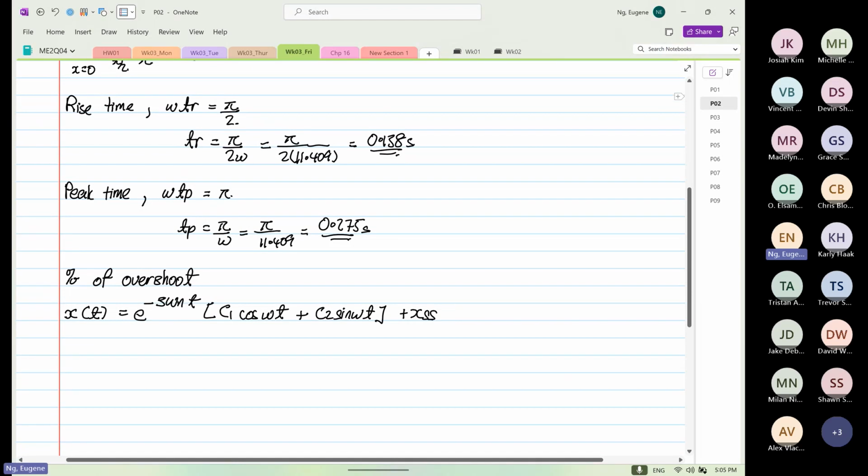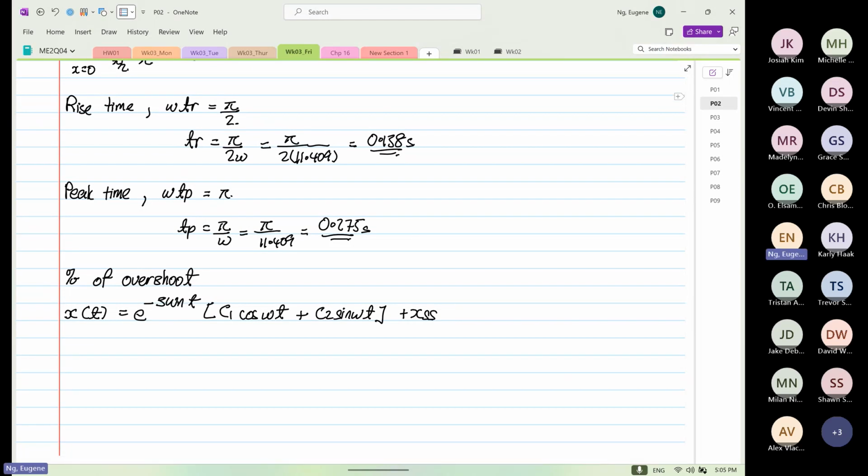So from here, don't worry about C2, okay? Because C2 is what? Sine omega t. If you look at the solution, it will always turn out to be equal to 0, okay?